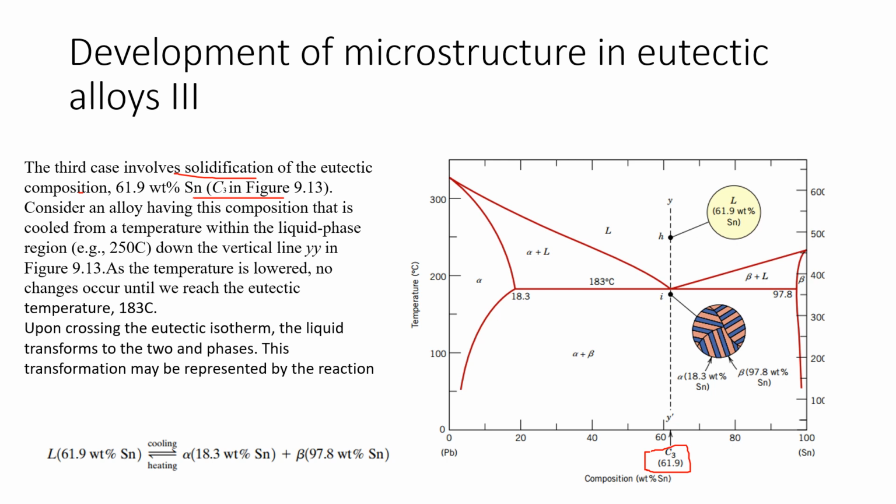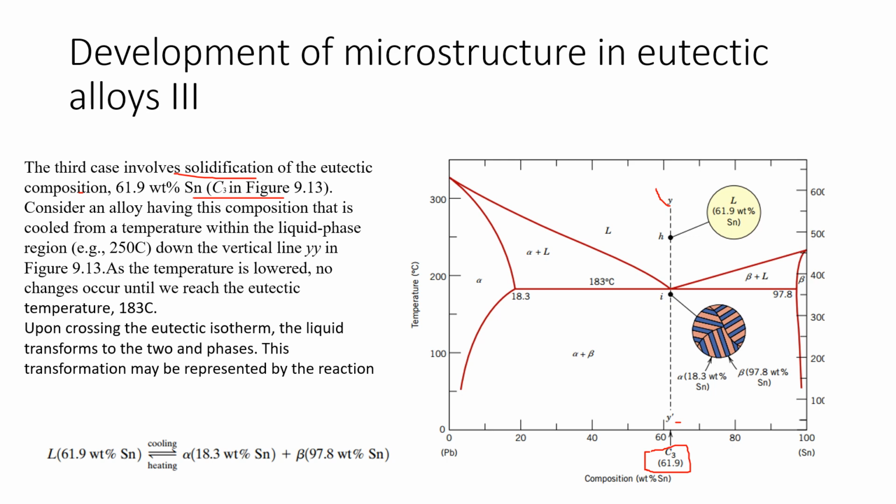This composition passes directly through the eutectic point, or invariant point as we call it, and is represented by a straight line y prime over here.